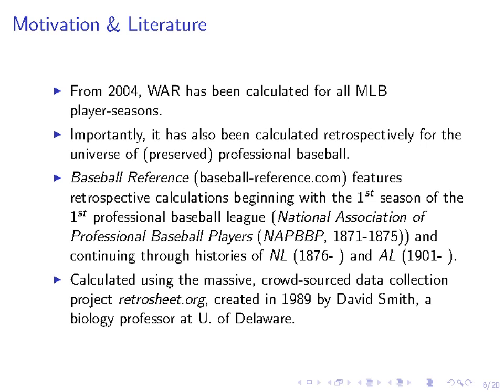So Baseball Reference, for example, features retrospective calculations beginning with the first season of the first professional baseball league, the National Association of Professional Baseball Players, which existed from 1871 to 1875 and from which the National League formed, and continuing through the histories of the National League from 1876 and the American League from 1901.